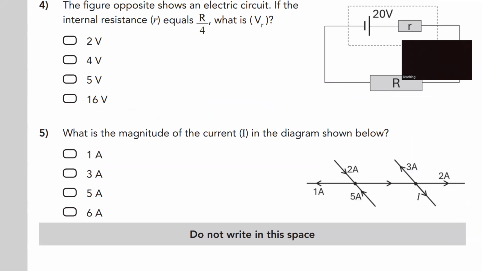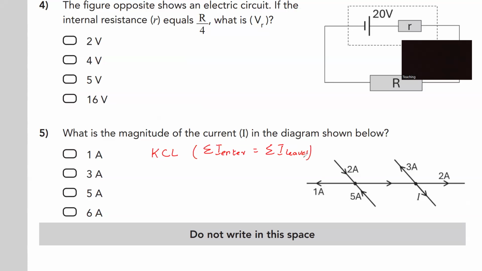All right. So, what is the magnitude of current in the diagram shown below? Look at this question. They are talking about Kirchhoff's first law, the Kirchhoff current law. Kirchhoff's current law says the sum of currents entering is equal to the sum of currents leaving.